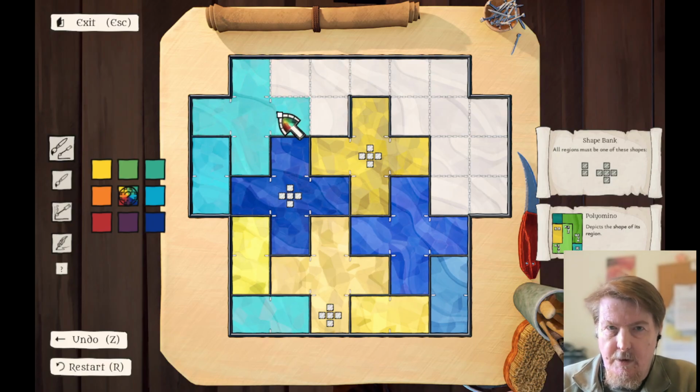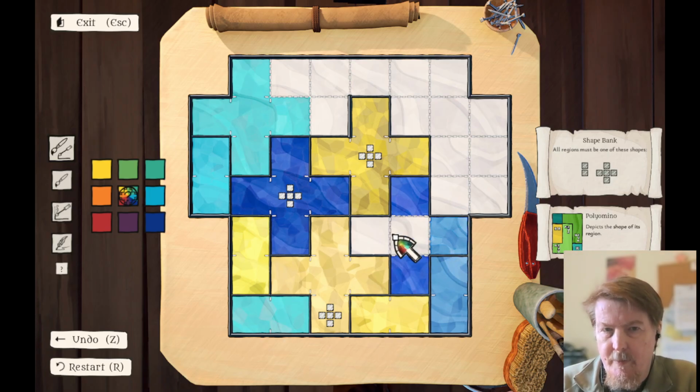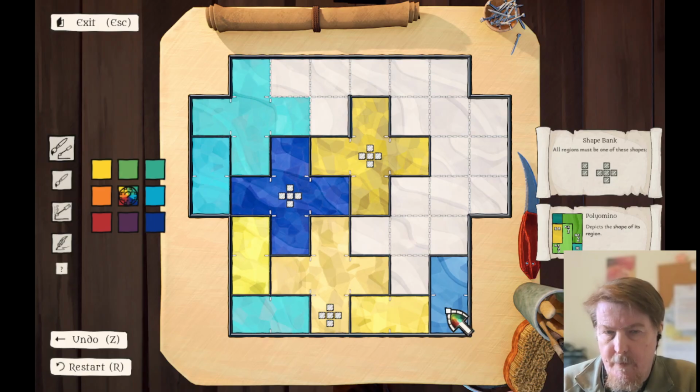Now I think I may have an issue here because that leaves an odd number of cells and there's nowhere else to place the plus symbol. Those were forced. This one wasn't forced.